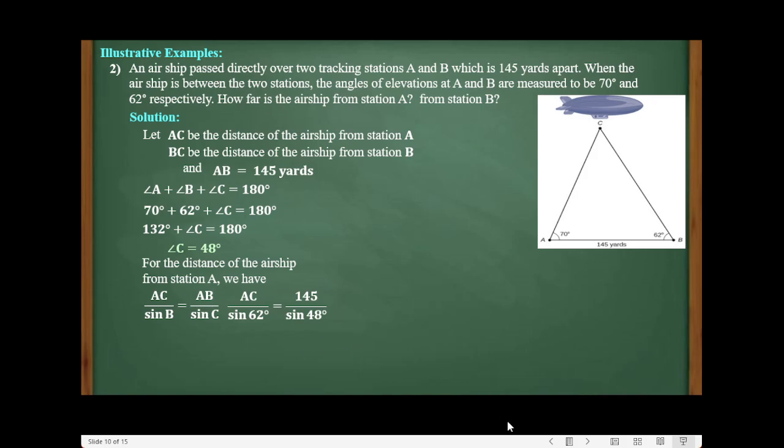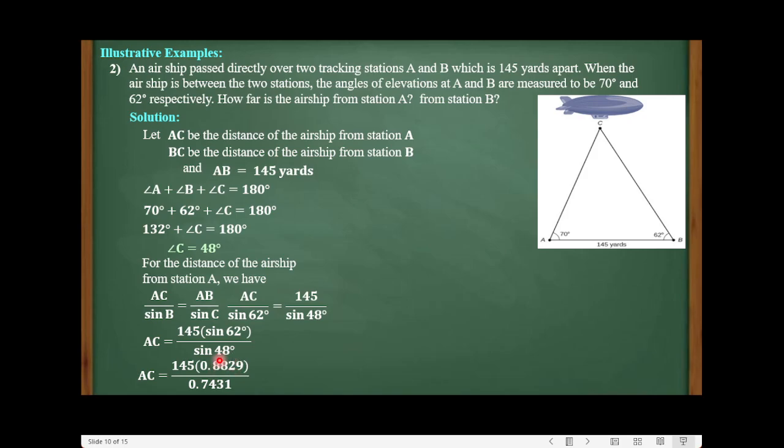Then solving for AC from this equation, we do the cross product. It means we need to multiply 145 by sine of 62 degrees. So the product would be 145 sine of 62 degrees over sine of 48. Using the scientific calculator, we can determine the equivalent values of sine 62 and sine 48, and those are 0.8829 and 0.7431 respectively.